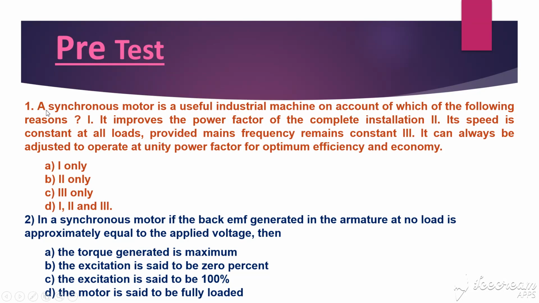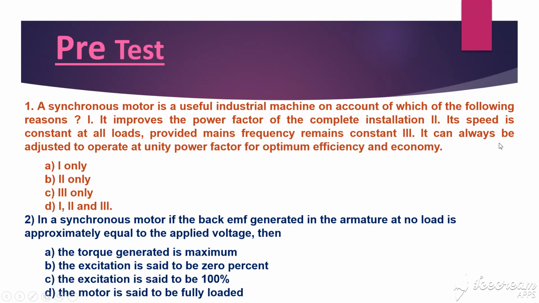The first question: a synchronous motor is useful in industrial machines on account of which of the following reasons? First, it improves the power factor of the complete installation. Second, its speed is constant at all loads provided mains frequency remains constant.